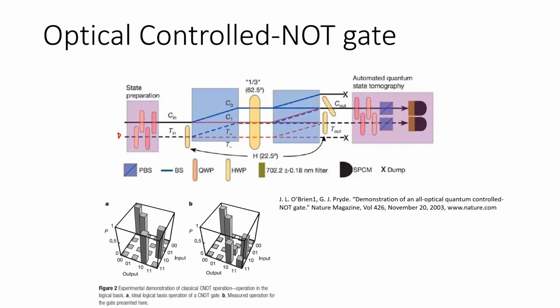In addition, there is one more thing we can eliminate from this design, which is the filter. The filter is meant here to preserve only the light source that they are sending, which is 702.2 nanometer, and to reject any other photon. The reason is that they want to make sure no other photon will reach here. And again, guys, our idea will eliminate this, because we are not really interested in one single photon.